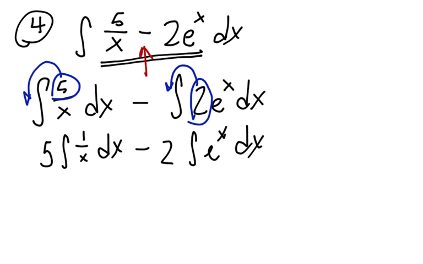Okay, now here's your good pop quiz. The integral of 1 over x. If I rewrite that as a power, that's x to the negative 1. Add 1 to that, that's x to the 0. That's not right. If you'll remember, we had a special function that gave us a derivative of 1 over x. Do you remember what it is? Hopefully so.